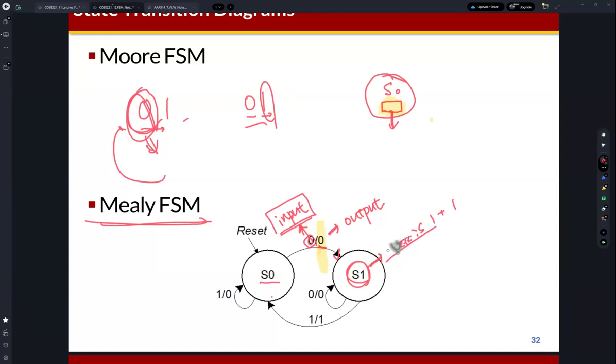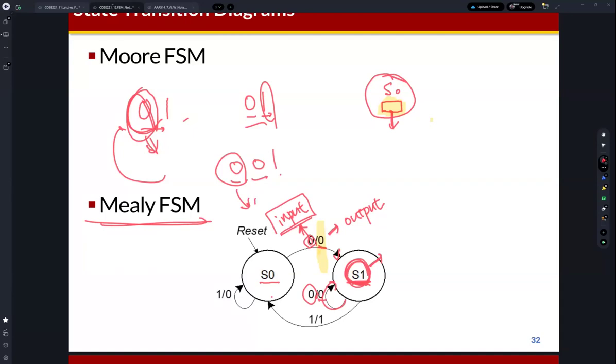If the state is S1, then if the input is still 0, then output is 0, and it also goes to the S1 because of 0, 0, 1. If the first 0 is here, then it goes to S1 because if the next is 1, then we need to detect the 1.